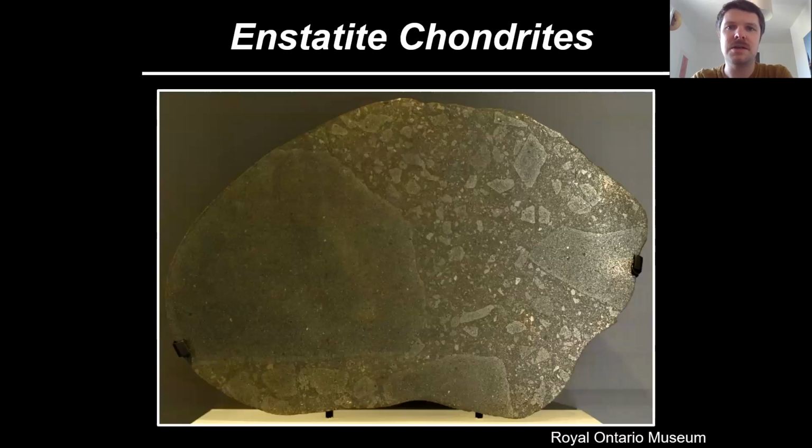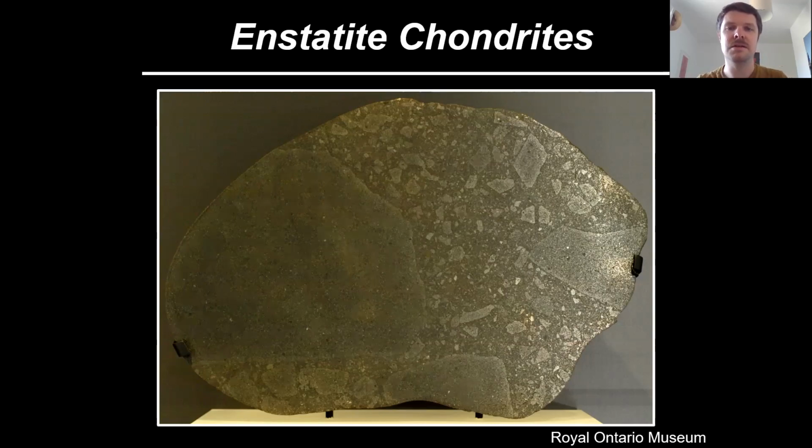Then we have the enstatite chondrites, and these are much rarer, and they have very unusual mineralogies. They tend to have lots of iron in metal and in lots of weird and interesting sulfide type minerals, and so this suggests they formed in a reducing environment rather than an oxygen rich environment. They have some similarities to the surface of Mercury.